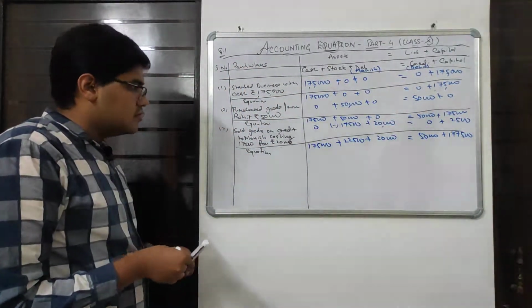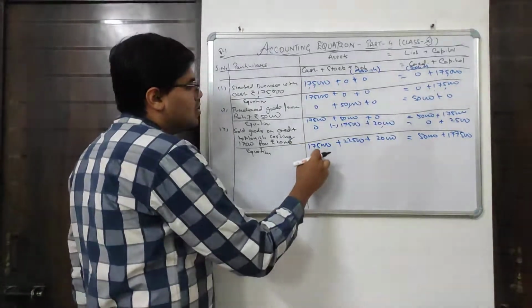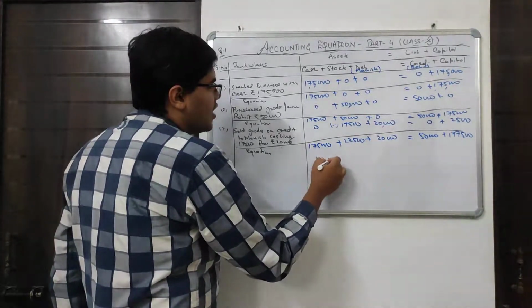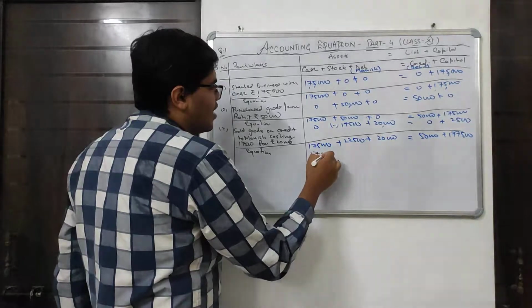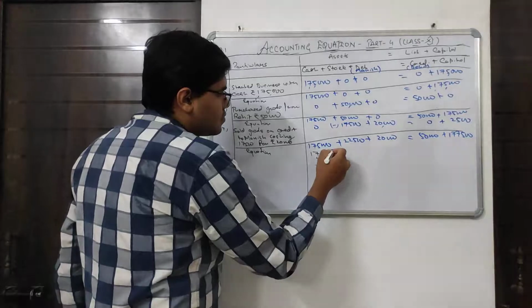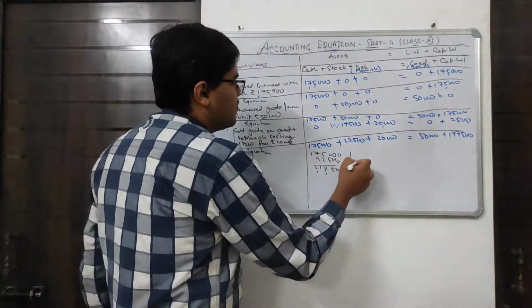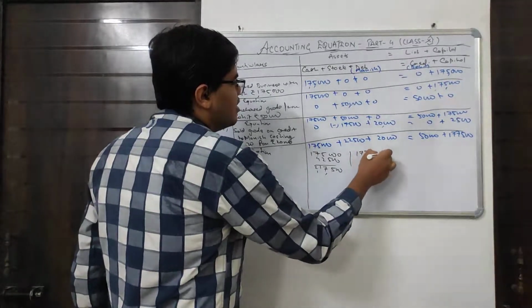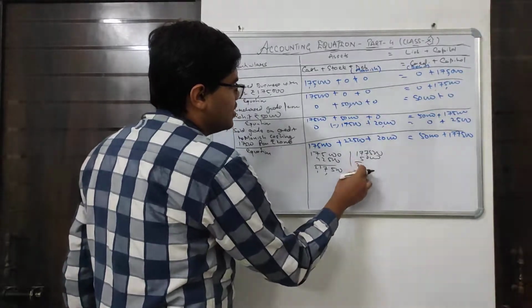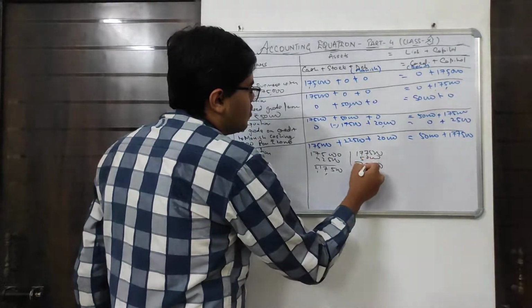Now moving on to our next transaction, but before this let us see whether our equation is balanced or not. 1,75,000 plus 32,500 plus 20,000 is 2,27,500, and 50,000 plus 1,77,500 is also 2,27,500.